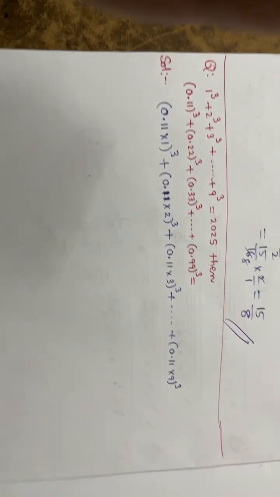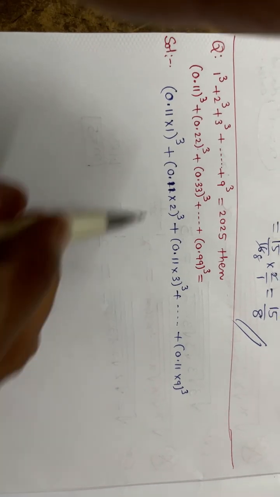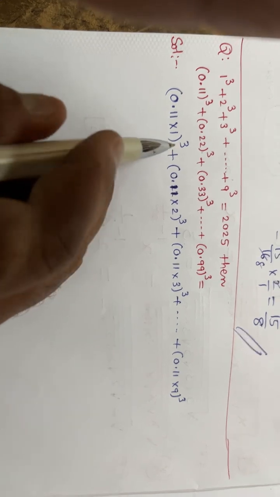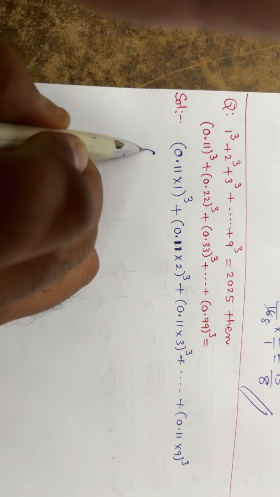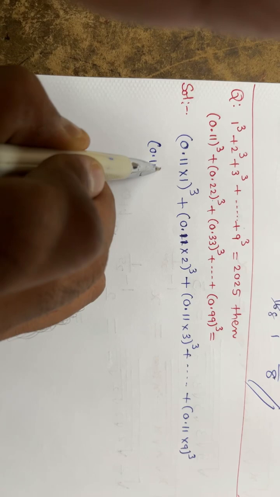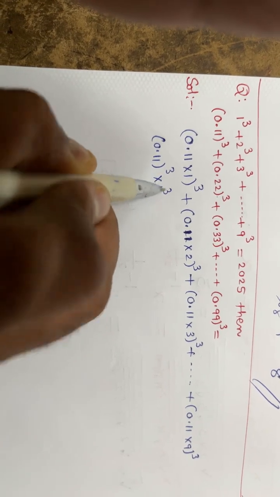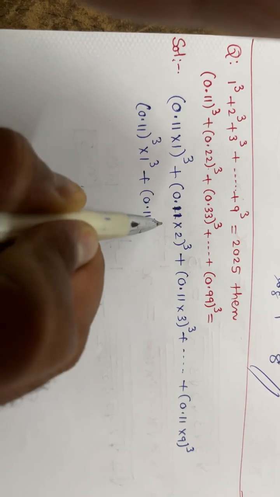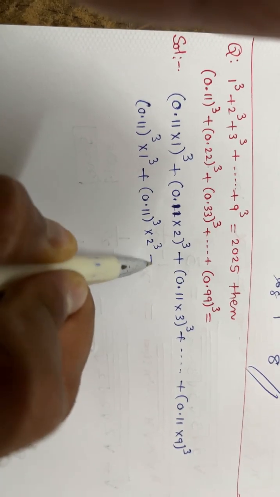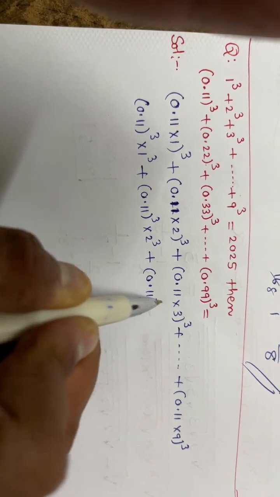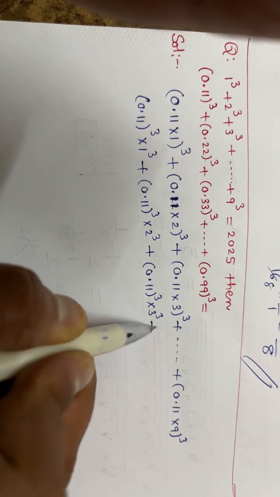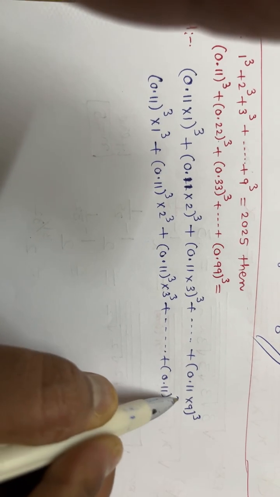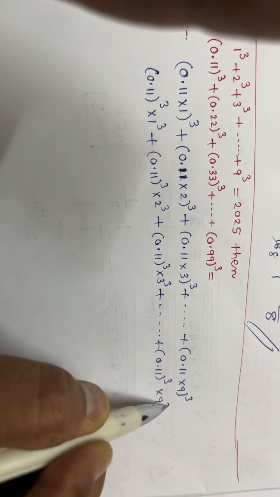Can we write like this or not? So (ab) whole power n, a power m, b power n. Like this, it can be turned into 0.11 whole cube into 1 cube plus 0.11 whole cube into 2 cube plus 0.11 whole cube into 3 cube plus and so on 0.11 whole cube into 9 cube.